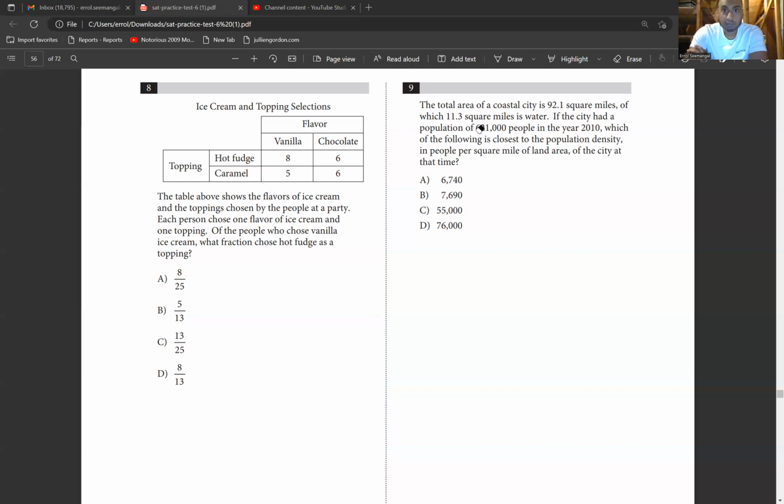That's 8. 9. The total area of a coastal city is 92.1 square miles, of which 11.3 square miles is water.